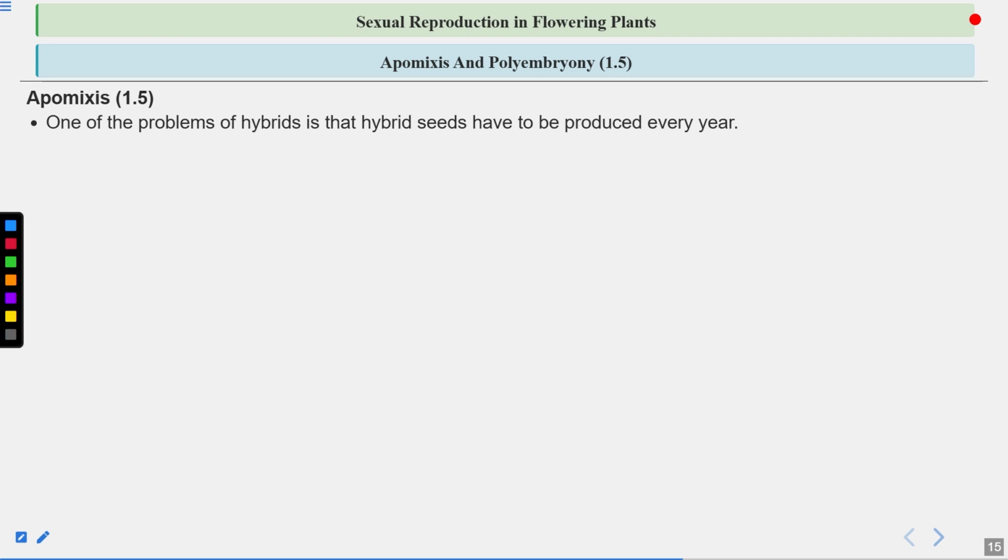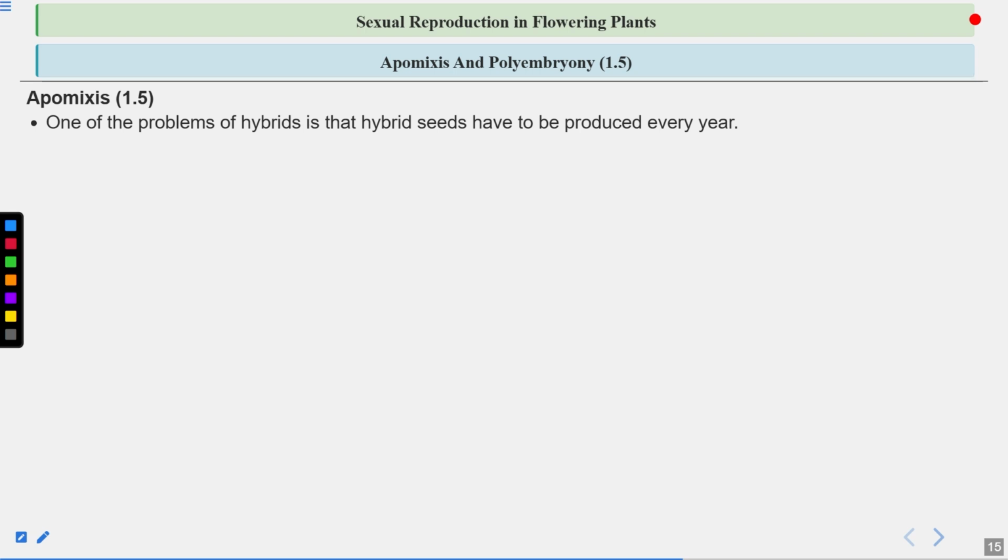And I am just coming to the advantages of hybrids that link to apomixis. We have to link these two things. So first of all, let us understand how the hybrid varieties get developed and how it is beneficial for us. Take one wild variety that has disease resistance capacity, but produces very little seed. Another variety of that plant produces a large number of seeds, but gets disease very frequently.